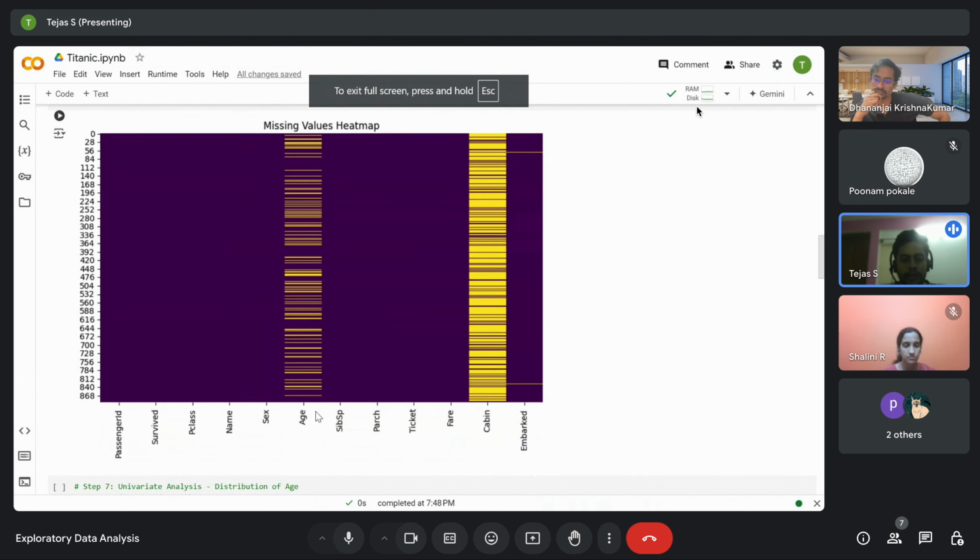I can see here that the age column has some missing values in this pattern. The yellow represents the missing values. In cabin, most of them are null values. In the embarked column, we have two missing values. I can confirm that the majority of missing values are in the cabin column.